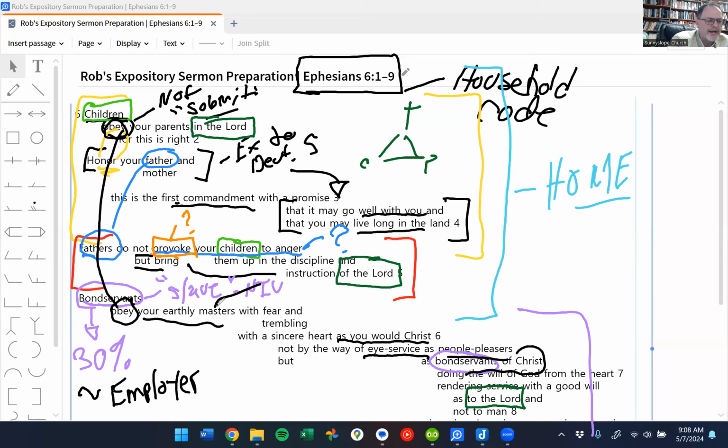And so your real master is Christ. You ought to be going into your work and serving and doing the work in your workplace as if Jesus himself were the one giving you orders. And that's why he says down here, as to the Lord and not as to man. It's really a way of highlighting the fact that our work is done differently as Christians. Our work is done as a way of serving and honoring Christ as our master.